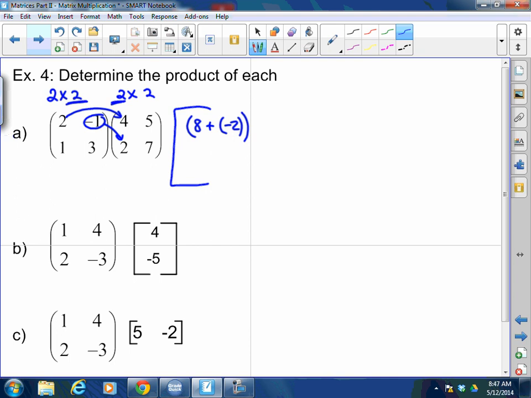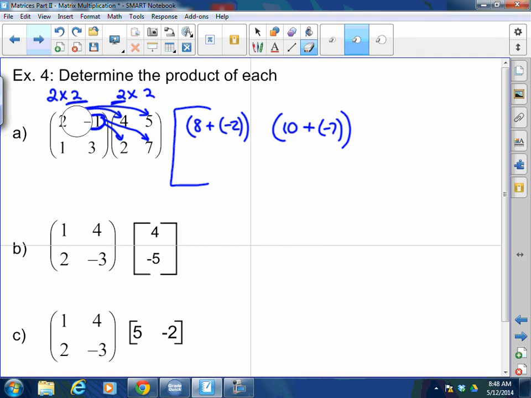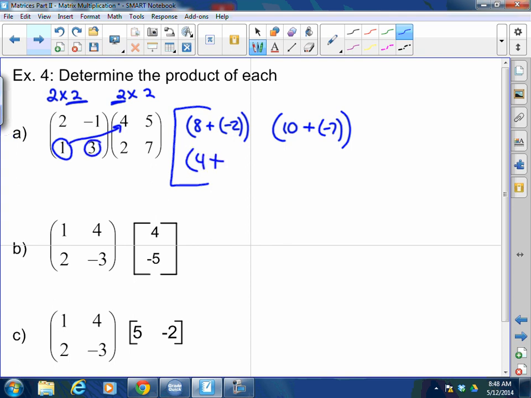Now, multiply 2 times 5, that's 10, plus negative 1 times 7, that's my second element. Is everyone with me here, my friends? Okay. Now, 1 times 4 plus 3 times 2.